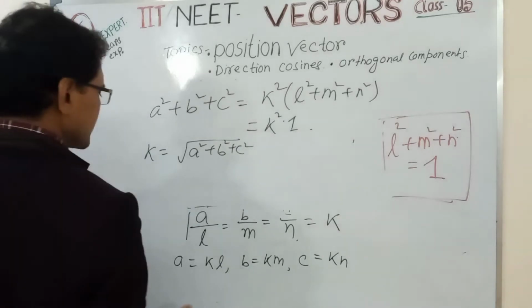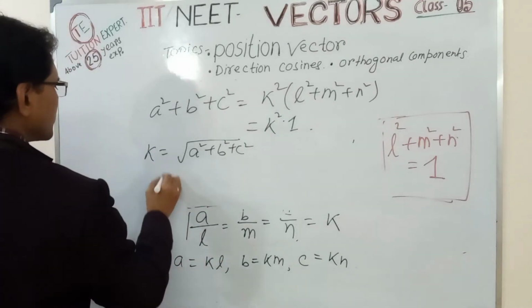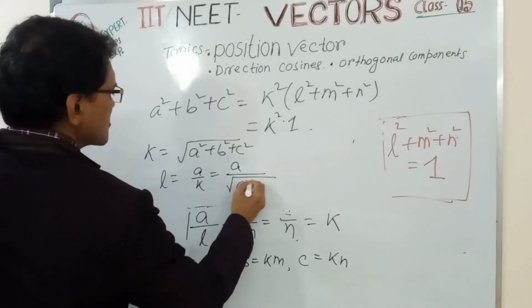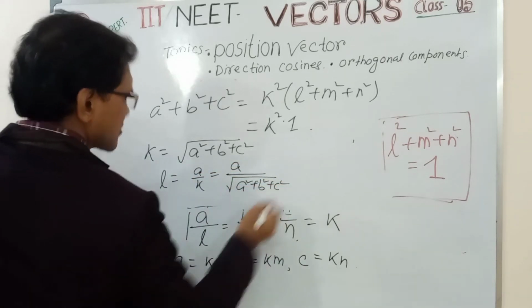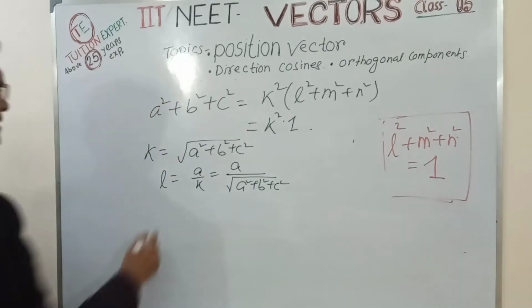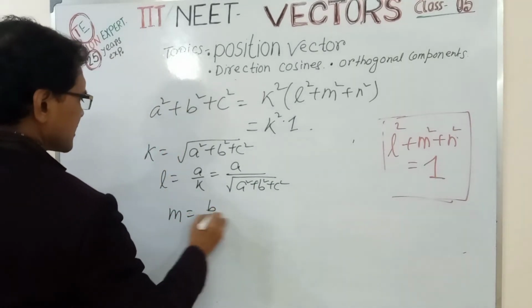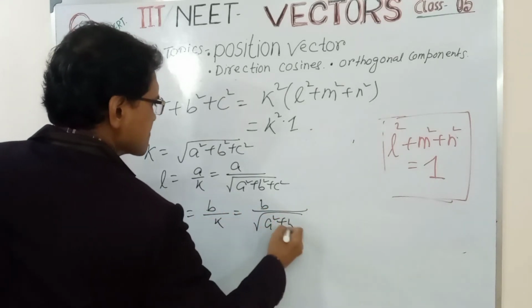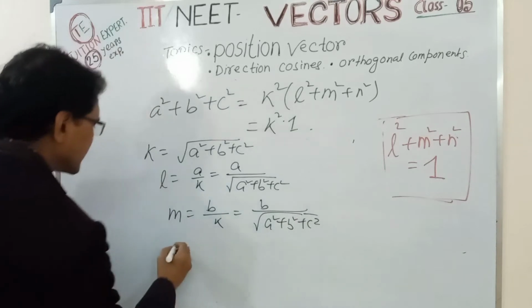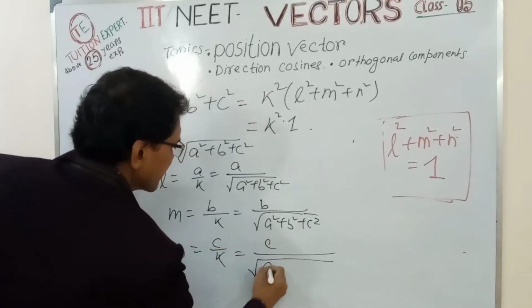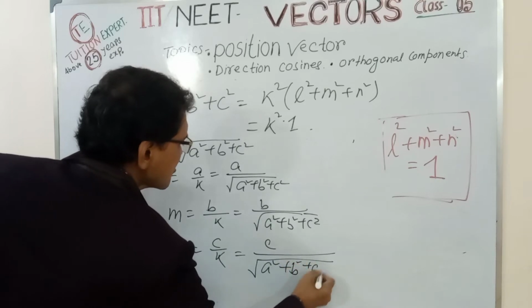Now l equals a by k, that is a by this. Again m equals b by k, which equals this, and n equals c by k, which becomes this.